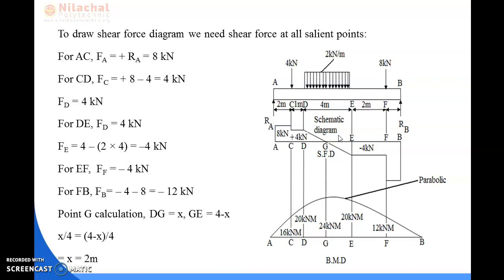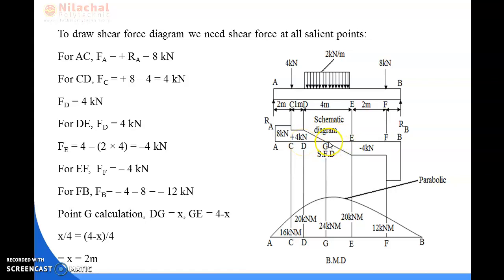So, according to similar triangles, we can put the base of the first triangle divided by P is equal to the base of the second triangle divided by P. So the base of this section is DG, which we considered as X. So X by this portion will be 4 kN, that is 4.